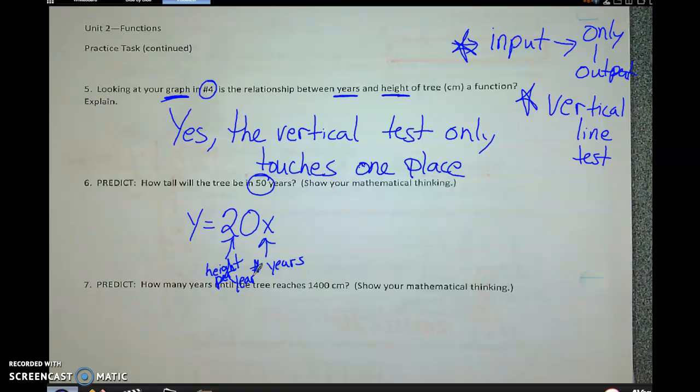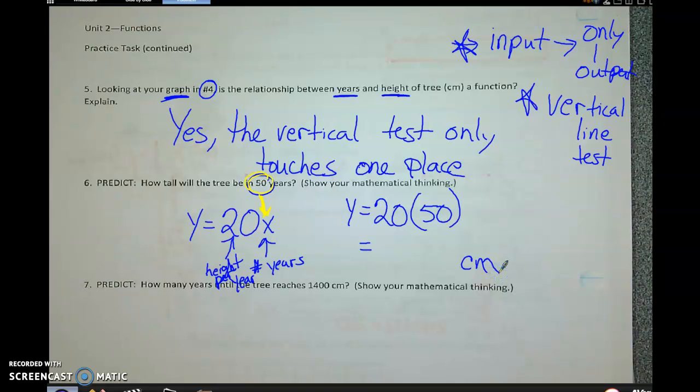Okay, so if we take that 50, then we're going to plug it in. And so that's going to mean that y equals 20 times 50, and that's going to let you know what the height is.